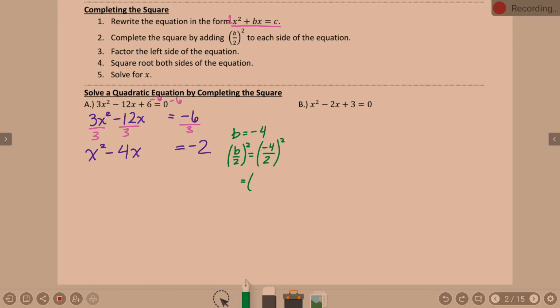Negative 2. What is negative 2 when you square it? Negative 2 times negative 2 is positive 4, yes? That value right there is what we're going to use.